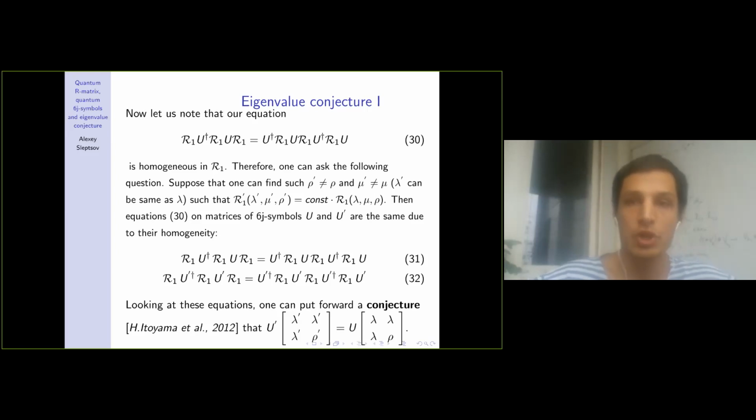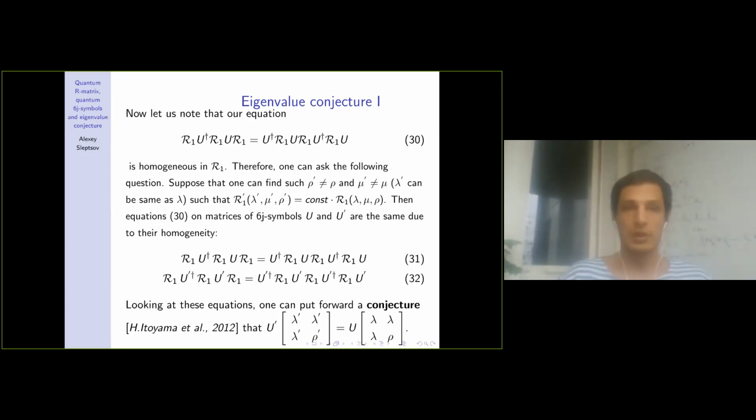Then equation 30 written for matrices U and U prime are the same due to their homogeneity. So we have that U and U prime should satisfy one and the same equation. So looking at this equation, one can put forward the following conjecture, which was formulated by Itoyama, Mironov, Morozov, and Morozov Jr., that U prime is equal to U.